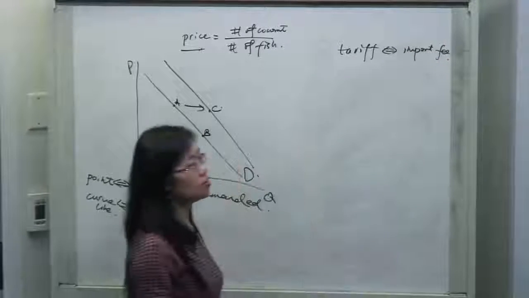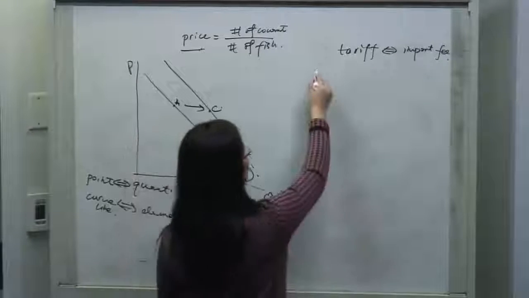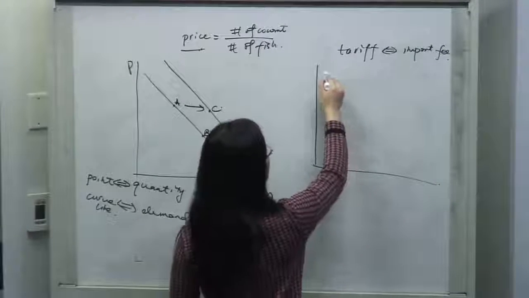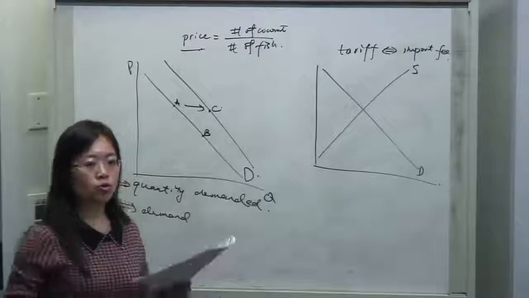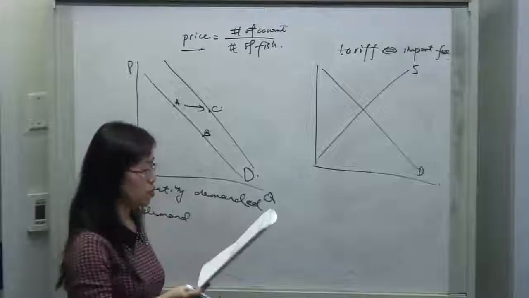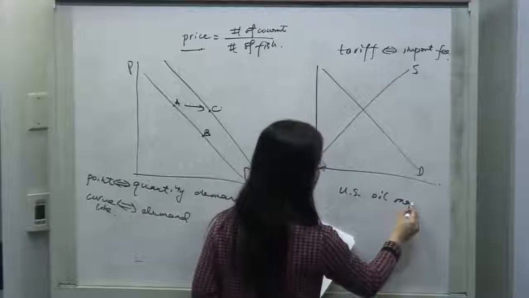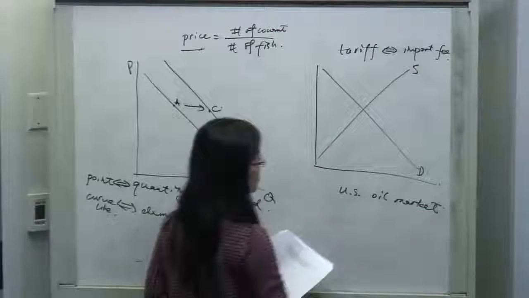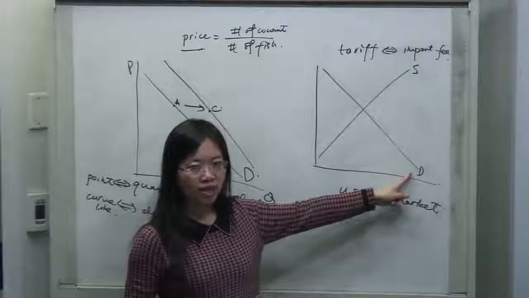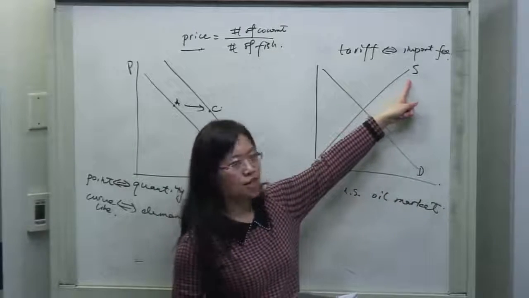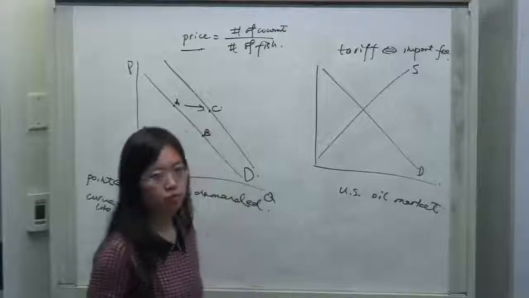We're going to see a very simple example of that, so let's use the oil market. This represents the United States oil market: the domestic demand and the domestic supply.